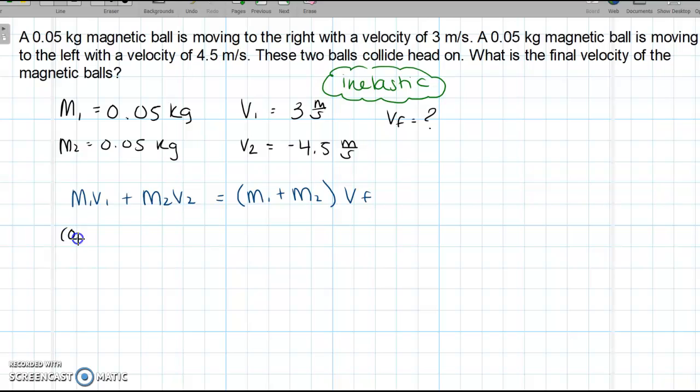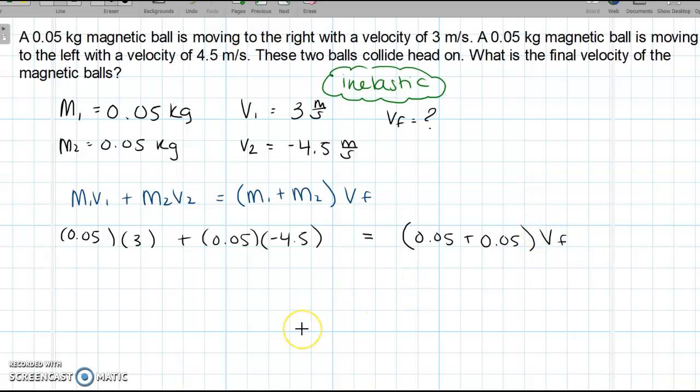So we have 0.05 times 3 plus 0.05 times negative 4.5. And this is the collision point, this equal sign, and then our masses are going to combine, so 0.05 plus 0.05. And then a final velocity is going to result because of this collision.